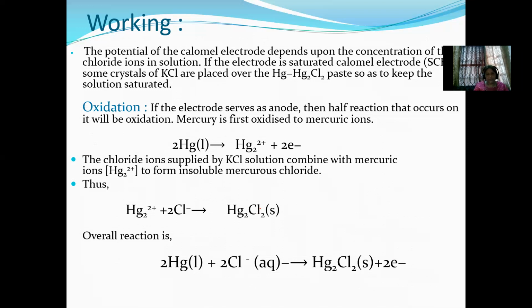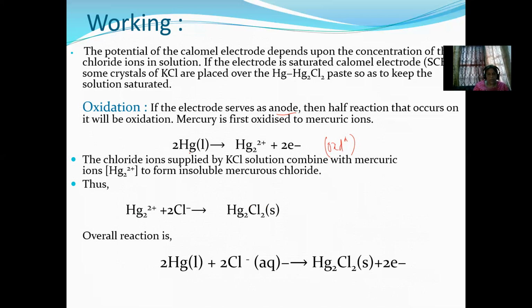If the electrode is used as anode, then what will be the half reaction, because it is a half cell or a single electrode? It acts as anode. Which kind of reaction takes place at anode? At anode, always remember, oxidation reaction takes place, right? So oxidation reaction takes place. Oxidation of the metal. The metal is the mercury.